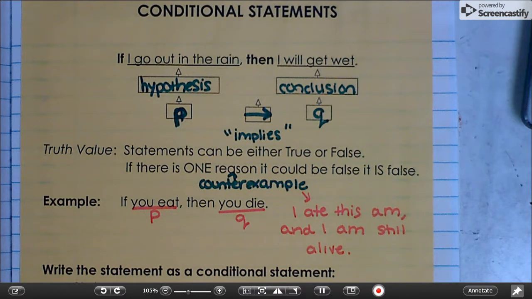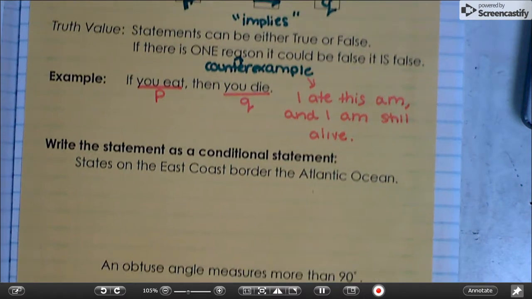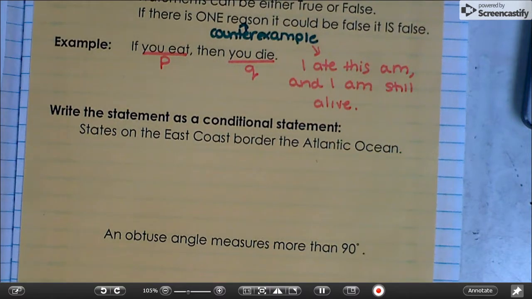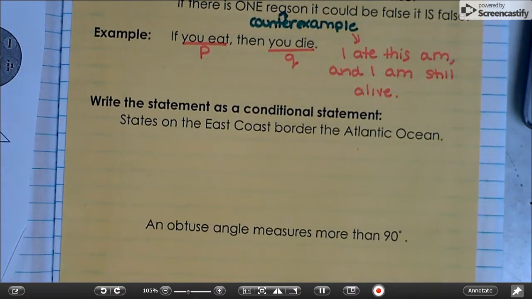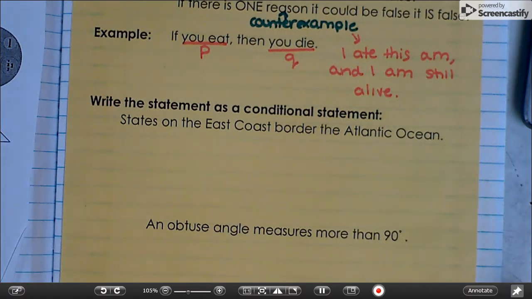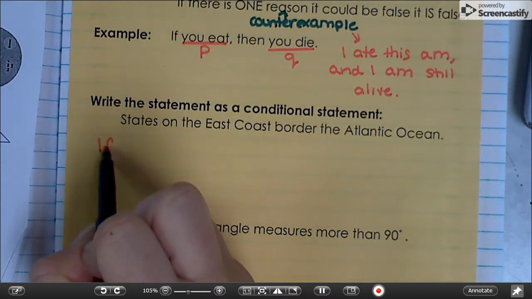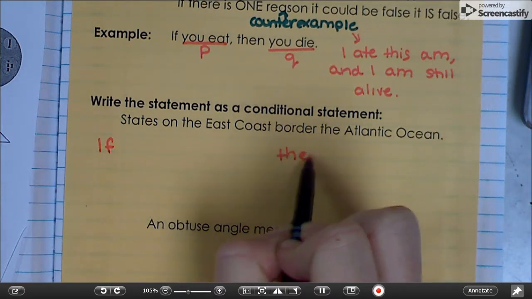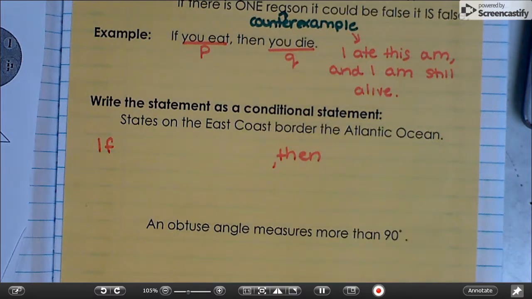So now we're going to talk about how you would change statements from a regular statement to conditional form. So basically, the important thing is that you keep it in the same order, and you just might have to change the wordings a little bit. So we need an if and then, because like I said, those are stuck. And then we're going to rewrite the statement in that form.